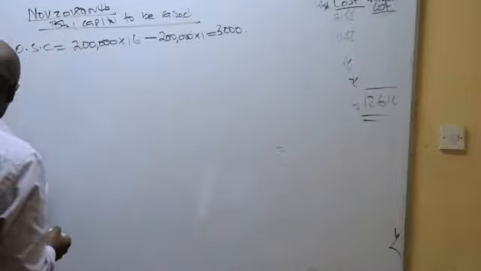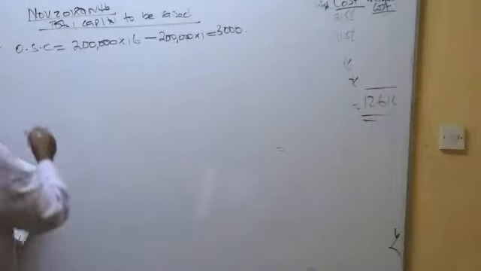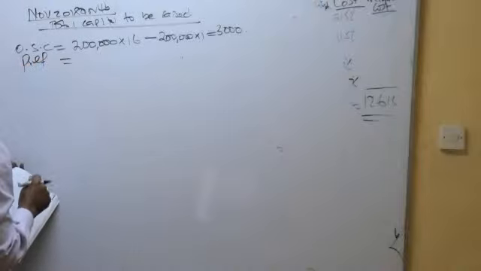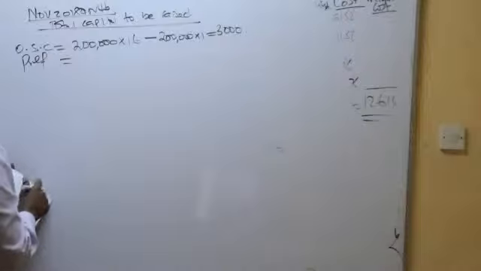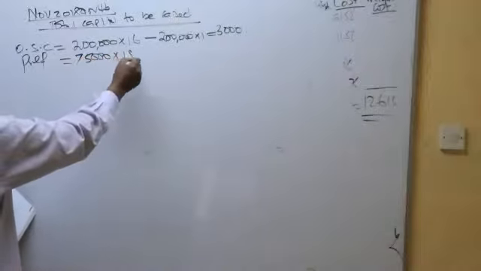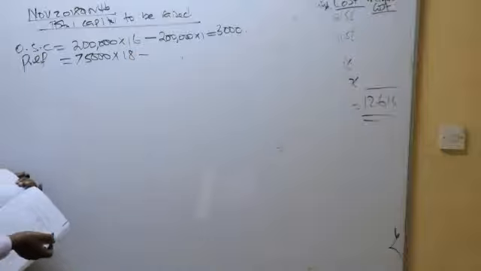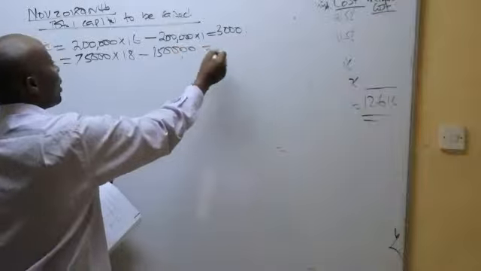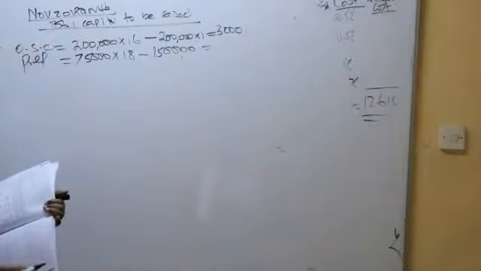The next vehicle here is called preference shares. So for preference shares, what do we have? For preference shares, they have told us to issue 75,000, and I can see the market price is 18, minus the total flotation cost of preference shares, which is 150,000. So could you kindly give me the final answer in shillings thousands?